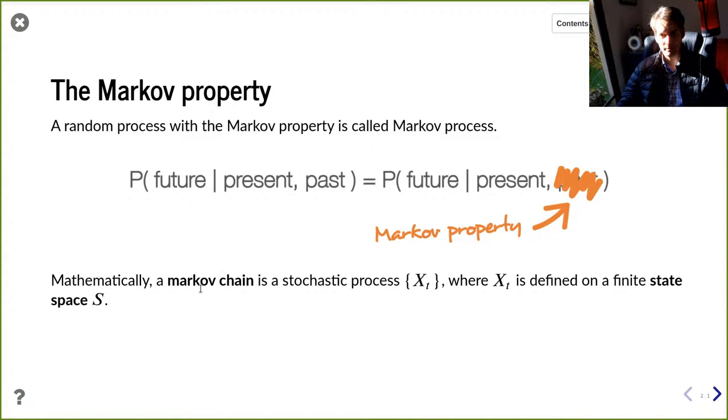Mathematically, we can define a Markov chain as a stochastic process X sub t, where t is the time, and X sub t is defined on a finite state space S. So basically, we have a finite number of states, and in each time step we do a transition from one state to another with a probability, and the probability is this one here.